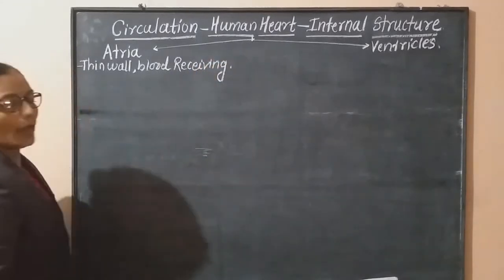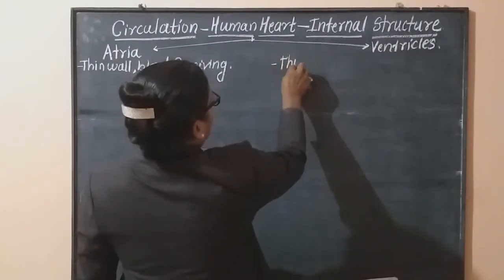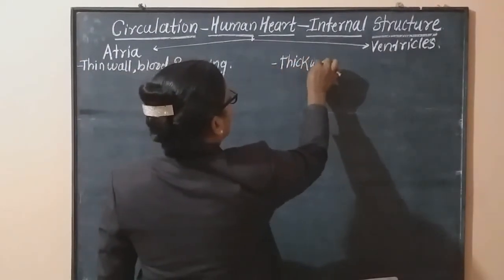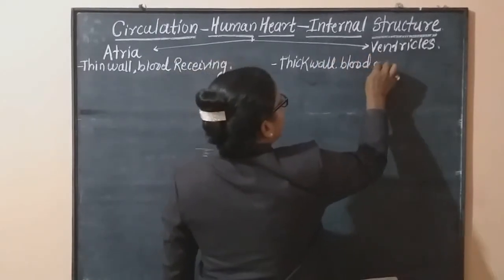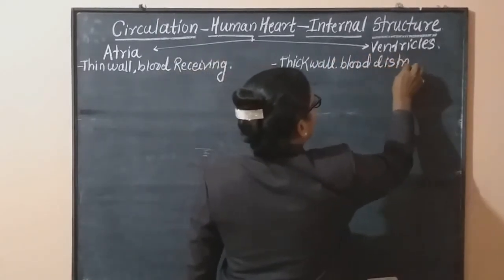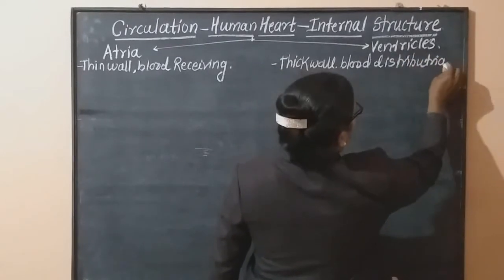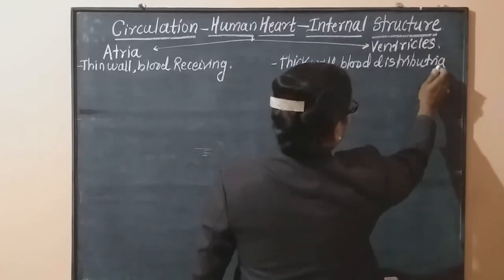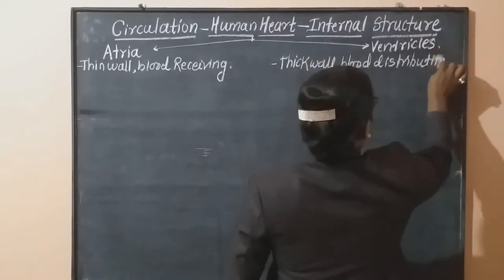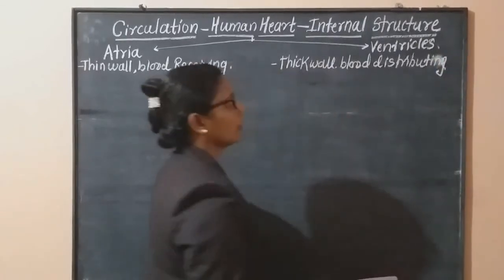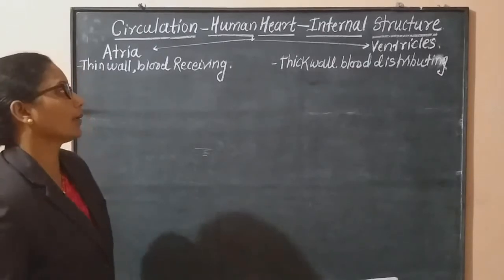And the ventricles are thick walled blood distributing chambers. These are blood distributing chambers, that is, from the ventricles blood goes away from the heart.